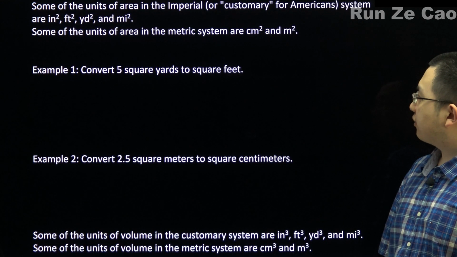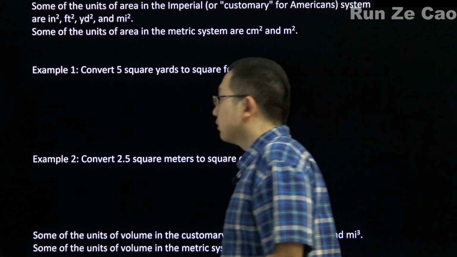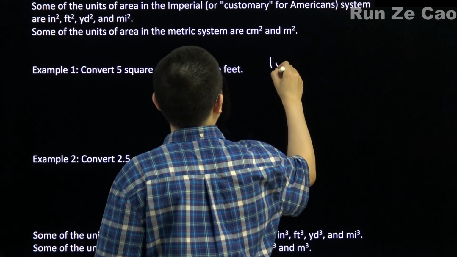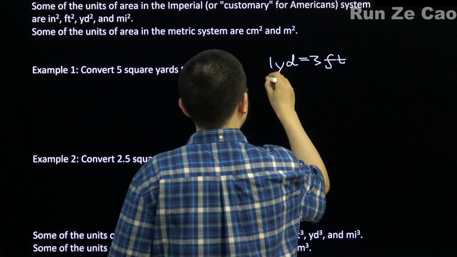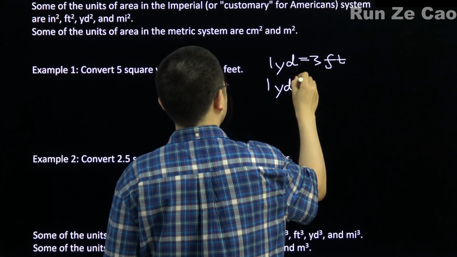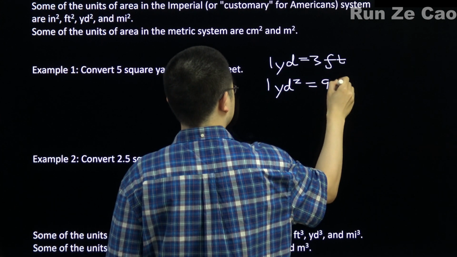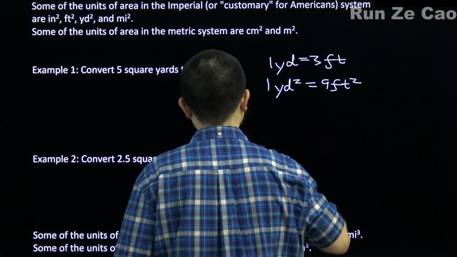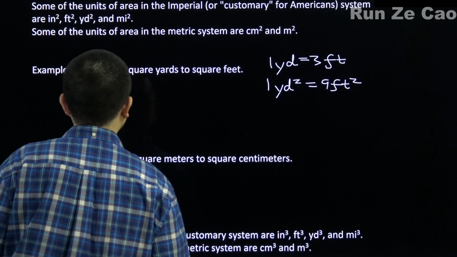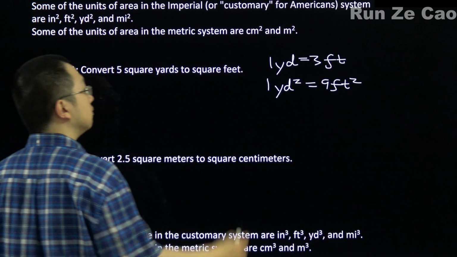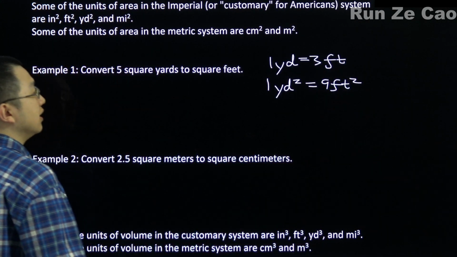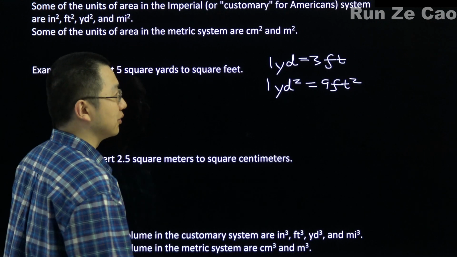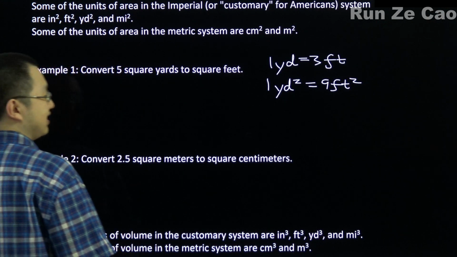Let's convert 5 square yards to square feet. 1 yard is equal to 3 feet. 1 yard squared is equal to 9 feet squared. Well, I mean, technically it's 1 yard squared equals 3 feet squared, but 1 square yard is equal to 9 square feet.